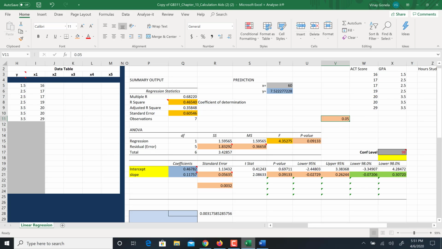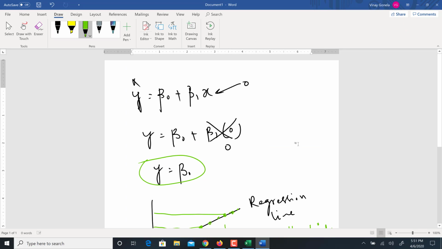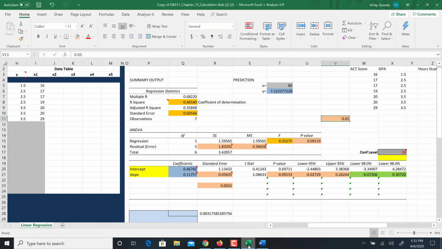What I'm saying is the p-value should always be less than alpha for using the model for prediction. Otherwise you cannot use that model. That model is not good enough, so its accuracy is not good. That's the reason why r square also becomes really small, 0.46.